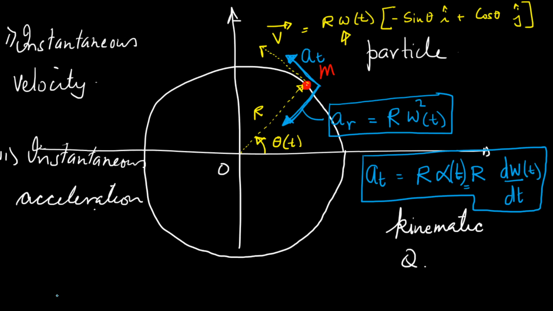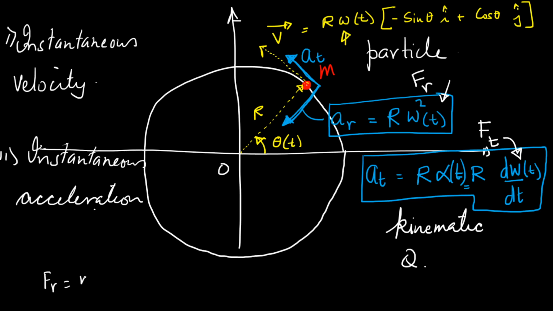And of course, I need not tell you that once I give you this, you'll be able to tell me there are two forces. One force towards the center, which is the radial force, and another force which is tangential, which is the tangential force. And the radial force is simply the acceleration multiplied by the mass, and the tangential force is the acceleration multiplied by the mass.